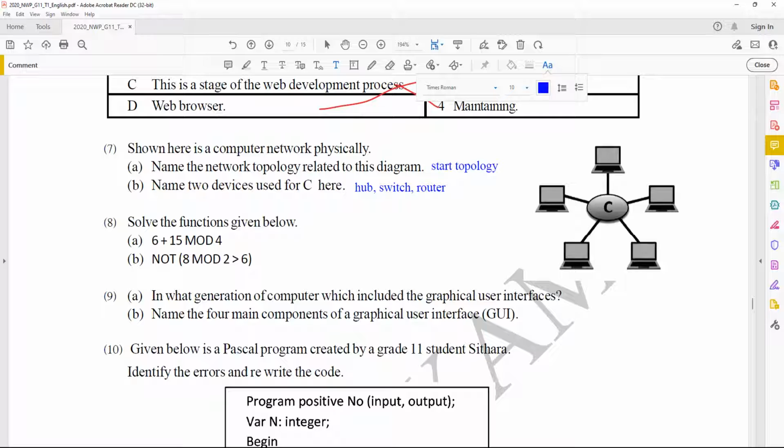What is the mod operator? Which one is the mod operator? Can you give me another name for this operator?